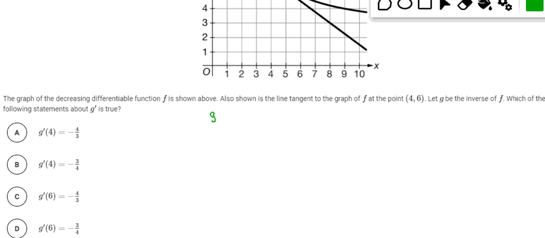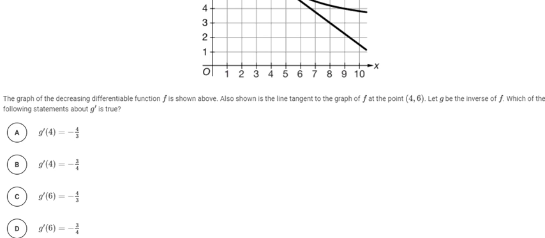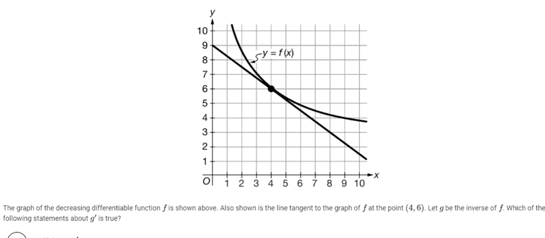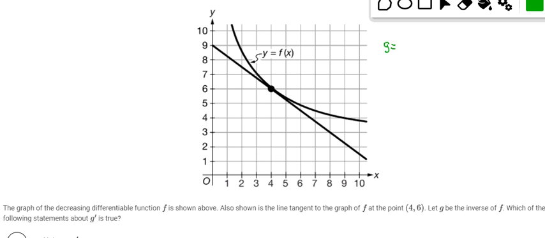Let's look at the fact that since we have G equals the inverse of F, and actually I want to bring in this right here. Come on. There. I know that since G is equal to the inverse of F, that means G prime of X equals the reciprocal of F prime G of X. And let's see here.